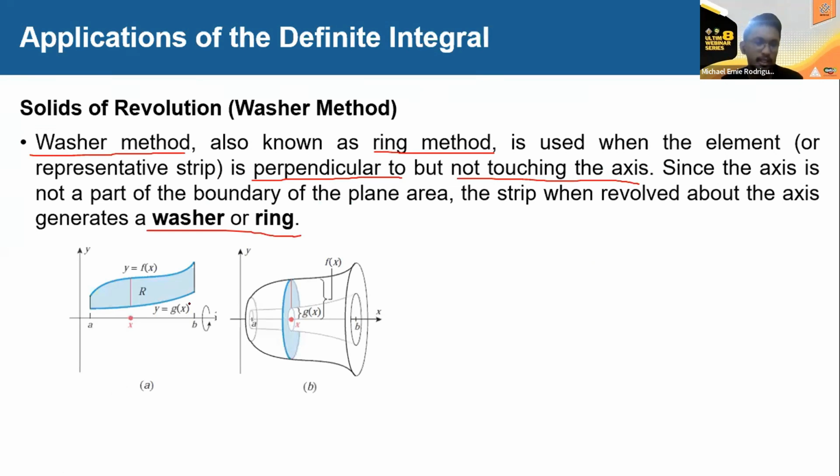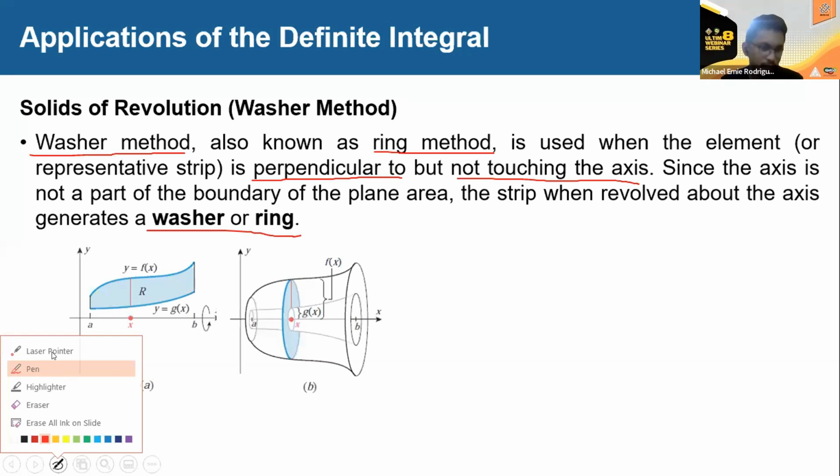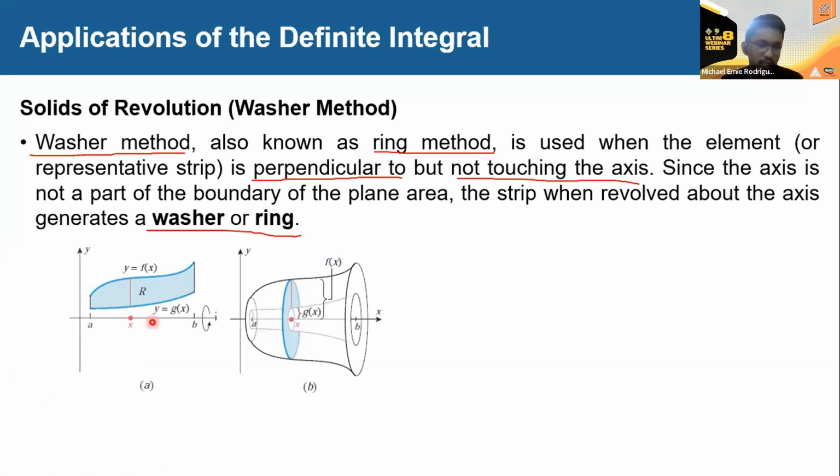As you can see in this figure, this is not touching your axis of revolution, which is itong x natin, x-axis. This is not touching. Okay, we use a vertical strip. So when we revolve this, it generates a washer or ring.